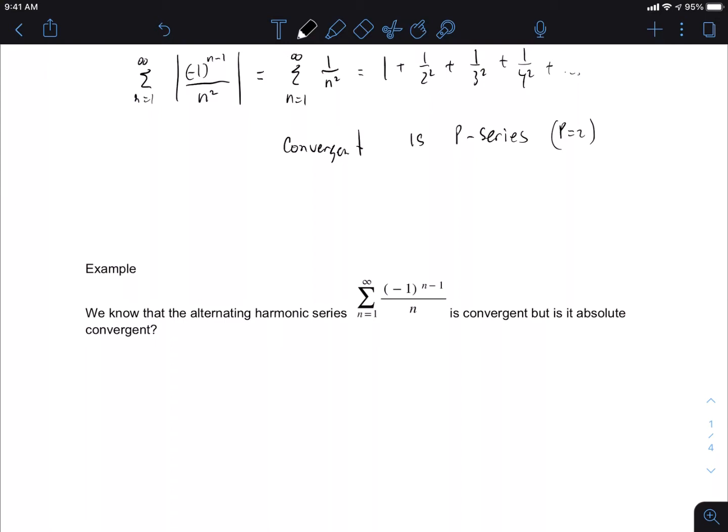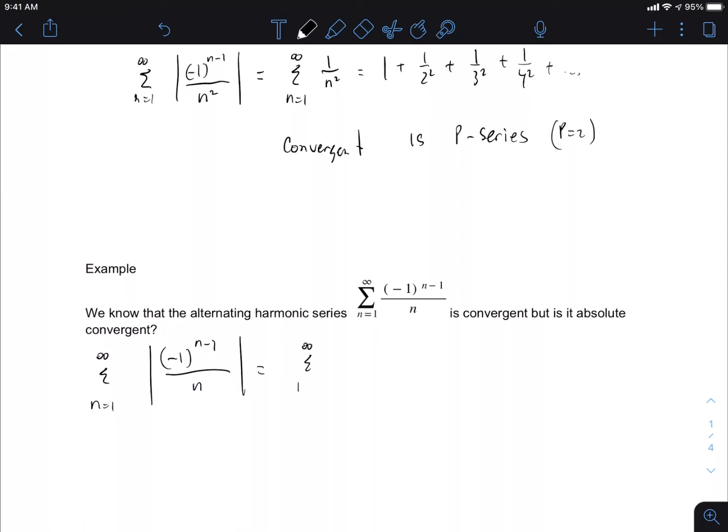It's already told us that. So now what we're trying to see is whether it's absolutely convergent. To see if it's absolutely convergent, we're going to take the sum of the absolute value of this and see if we get something that is convergent.